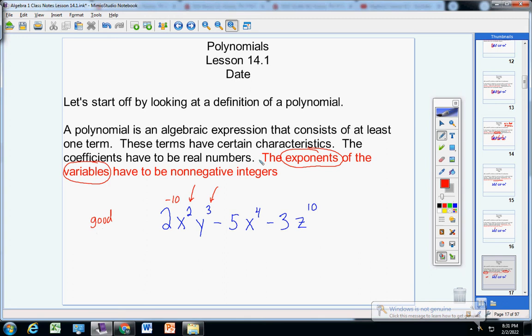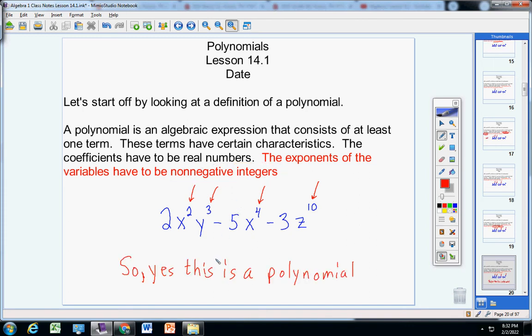We are looking at variable exponents. So I have a 2, a 3, a 4, and a 10. Are all of those integers? Yes. Whole numbers? Yes. And are they non-negative? Yes. So, yes, this is a polynomial.